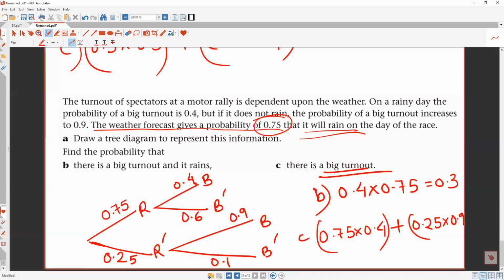This is C part. বুঝছি সবাই বুঝছে? এখানে শুধু লিখছে big turnout. মানে কি, রেন হলে বিগ টার্ন আউট, রেন না হলেও বিগ টার্ন আউট। সবাই কি বুঝছে? এভরিওয়ান আন্ডারস্টুড? গাইস, সাইমন, এভরিওয়ান? হ্যাঁ বুঝছি। Okay, now let's go to the next concept.